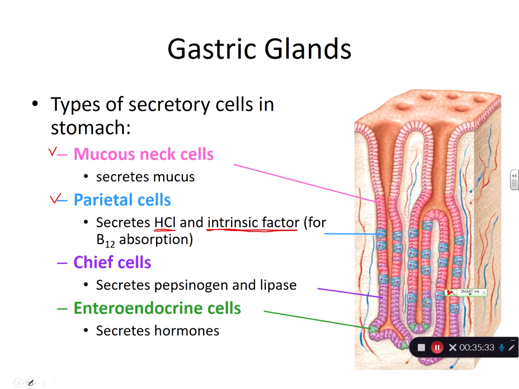So this is why people sometimes can have a type of anemia called pernicious anemia. It's where they're not getting B12 out of their food and they're not making enough red blood cells and they can't carry enough oxygen. Okay? So you gotta have B12 to make red blood cells, but in order to absorb B12, you gotta have intrinsic factor, which is made by these parietal cells.